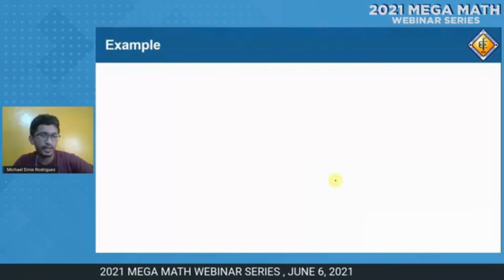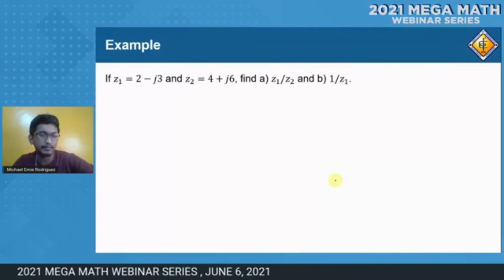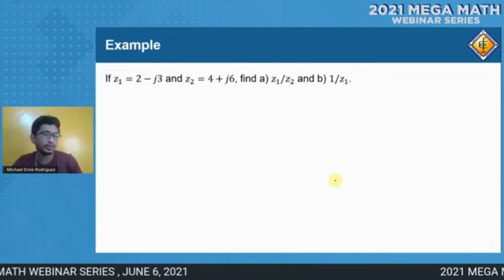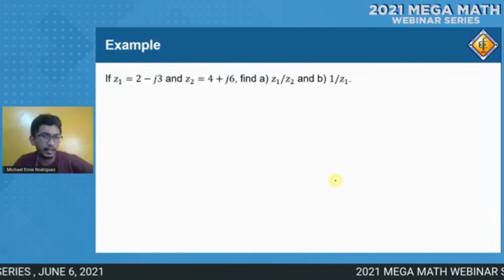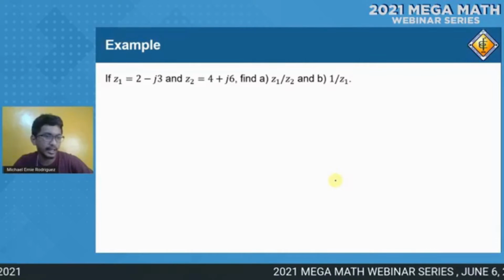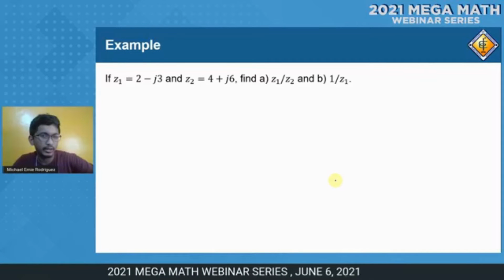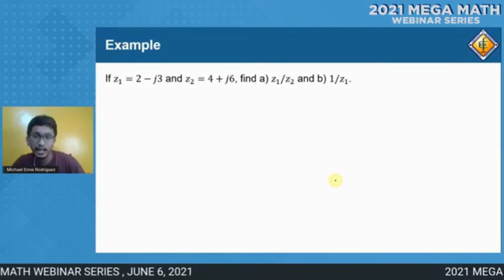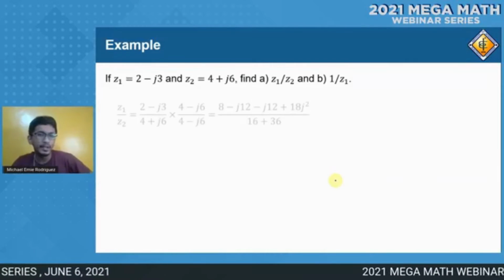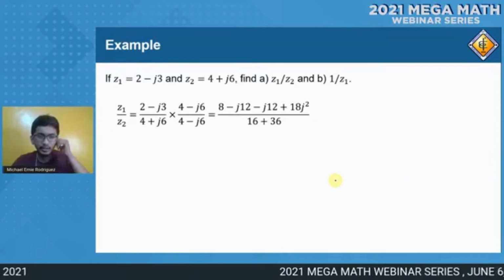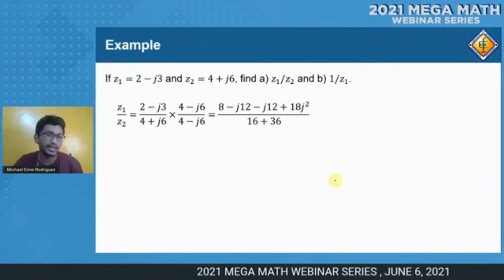Example for division. So we have Z1 equal to 2 minus J3 and Z2 equal to 4 plus J6. So let's solve Z1 over Z2 and 1 over Z1. First, letter A, that is Z1 over Z2.